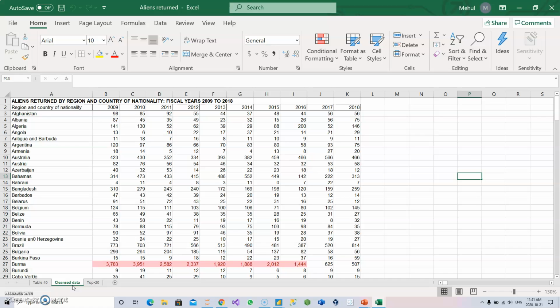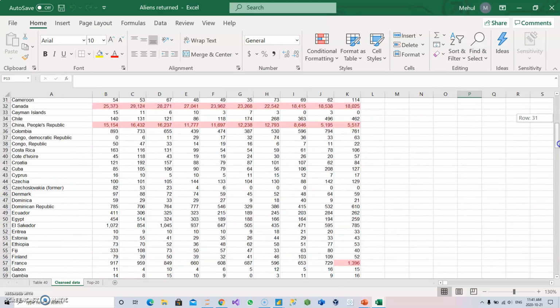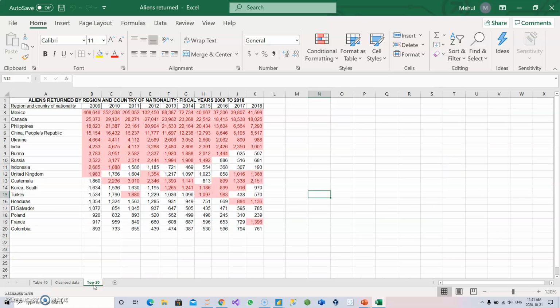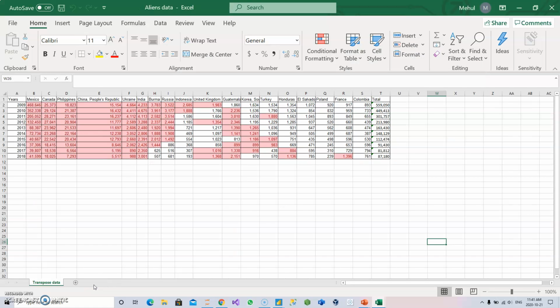There are almost 167 countries in the data, so I came up with the top 20 countries having the highest number of unauthorized immigrants. Also, this data is not very useful as is, so I have transposed it, and here is the final transposed data that I have used for the analysis part.